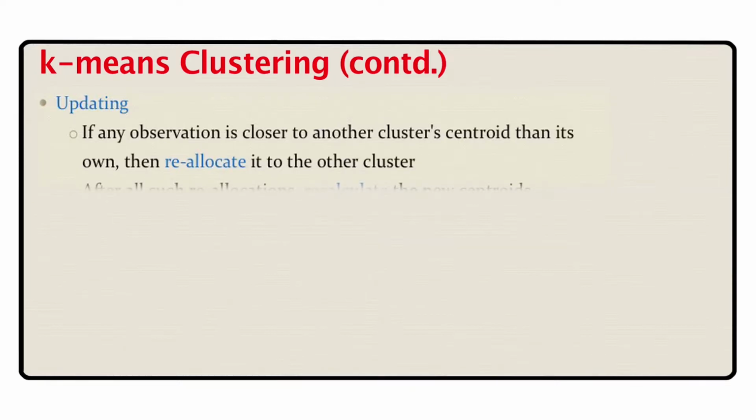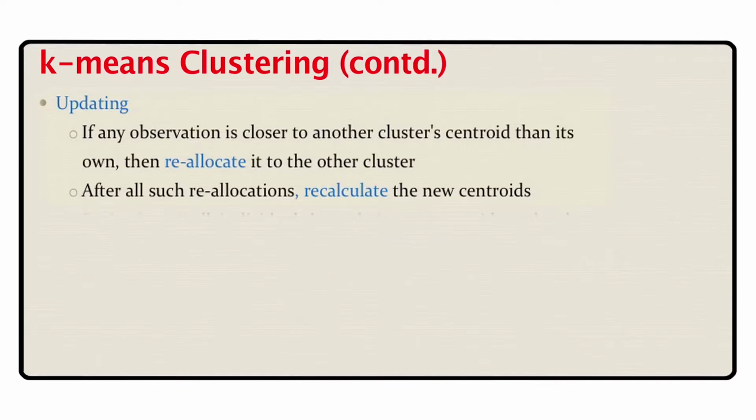Because as we have more and more members, the cluster centroids would be changing, and this member might be wrongly assigned to a different cluster. So we need to reallocate these members according to their distance from the different cluster centroids, to the nearest cluster centroid it is to.